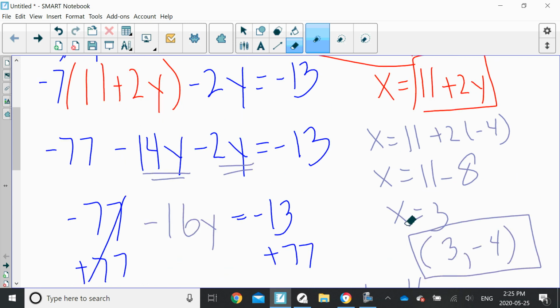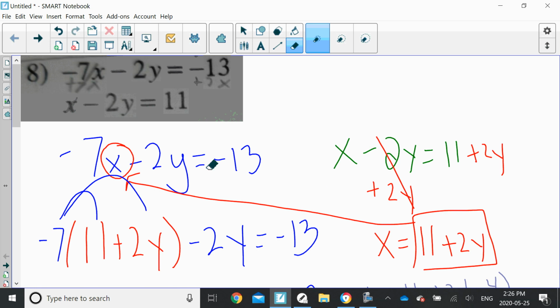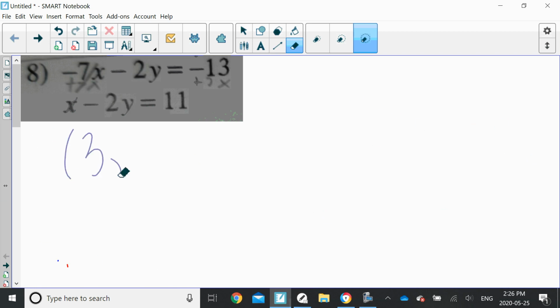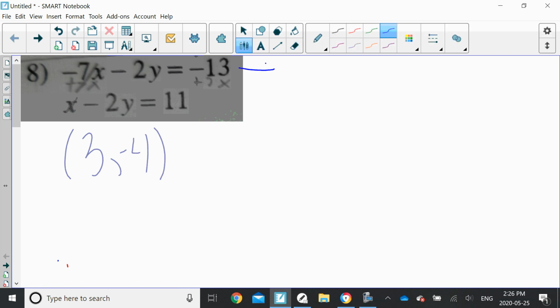And then remember on your test, you have to verify. So 3 and negative 4, you've got to verify. So maybe I'll do that up here. So I want to verify 3 comma negative 4. In my first equation, it would be negative 7 times x, which is 3, minus 2 times y, which is negative 4, and we're going to see if it equals negative 13.